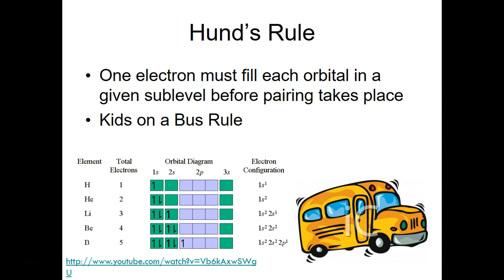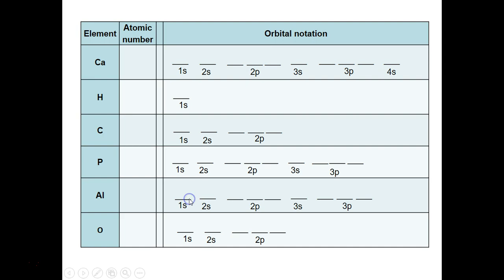They did this because they know that your friends probably live in the same neighborhood as you, and if your friends are together, they're going to cause more havoc than if you're sitting next to a stranger. So the same thing is true. Within a given sublevel, we cannot start pairing up electrons until we put one electron in each box.